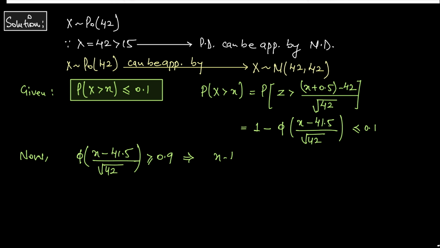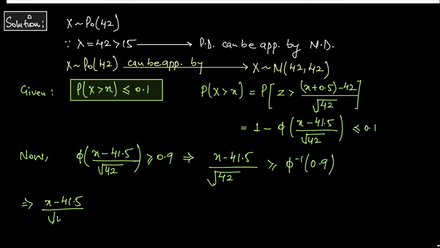So (x - 41.5) over root 42 is greater than or equal to phi inverse of 0.9, and this gives the value 1.282. This is the value which we have taken from the table.